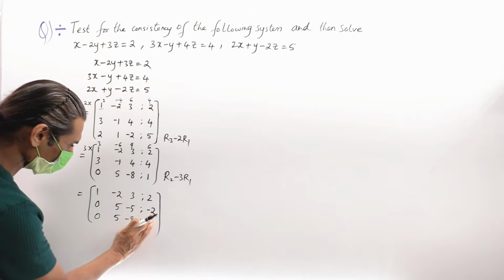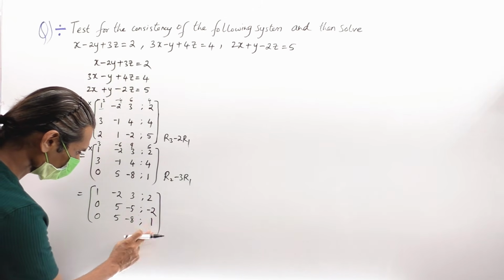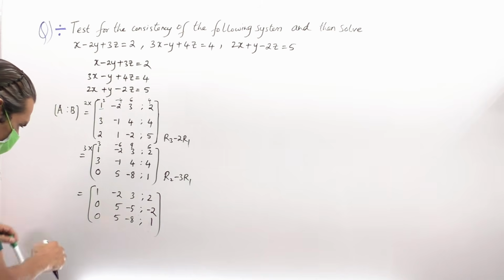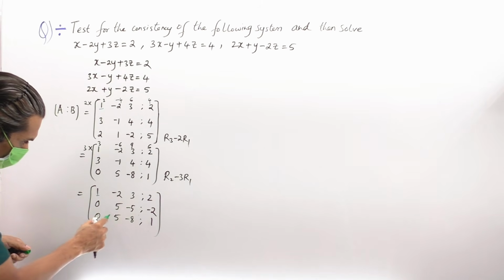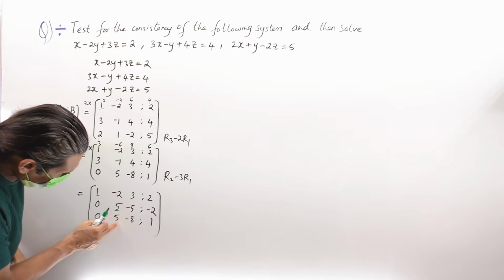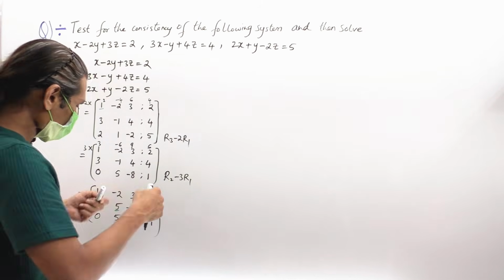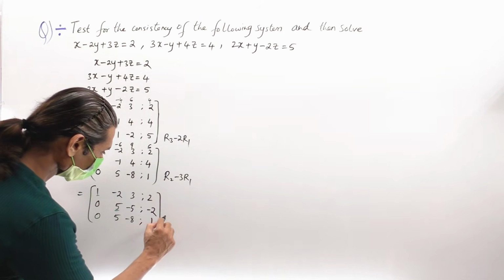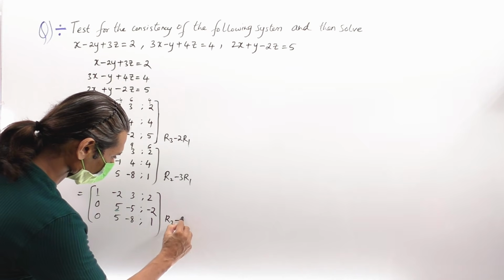Okay, now the next thing is what? You need to make this 5. See, this work is over. By using this 1, I made this 0. Now, next column, next is 5. By making use of this 5, only below this 5, I have to make this 5 0. And it is very, very easy, because 5 and 5 both are same. So, we do R3 minus R2 directly.